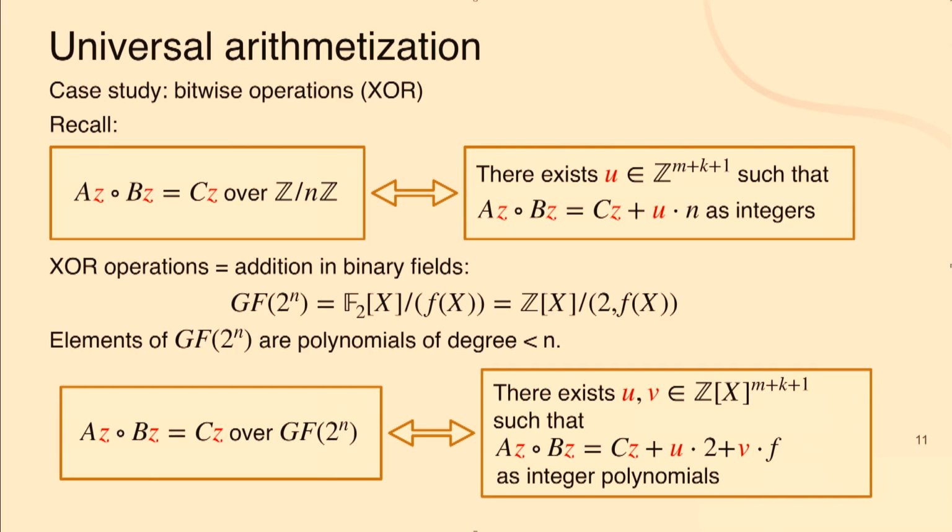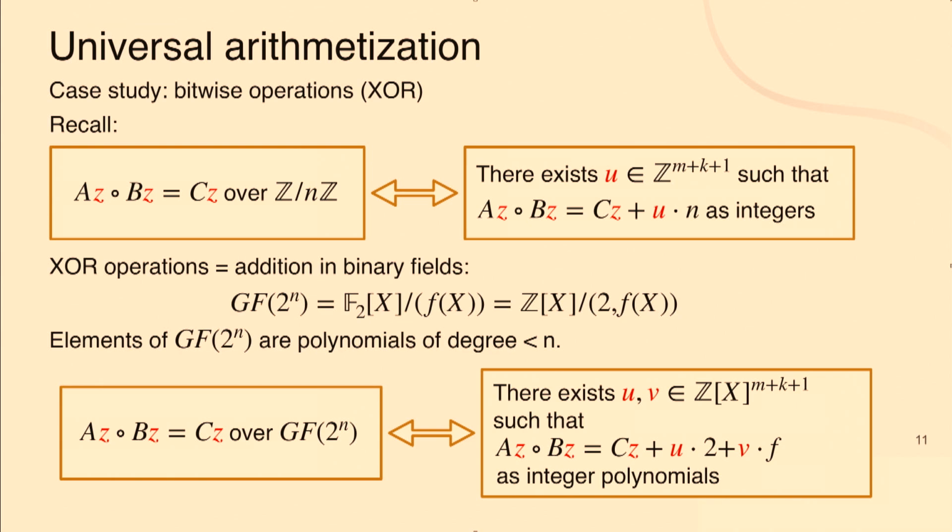And if you think about it, everything that we want to prove happens on Z[x], on a projection of Z[x] into some ring or field. Binary fields are projections of Z[x]: the quotient of Z[x] by an ideal.